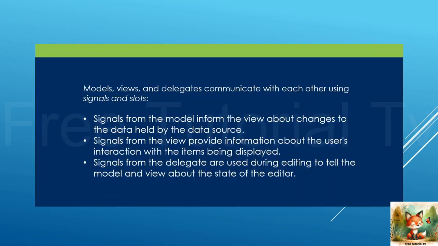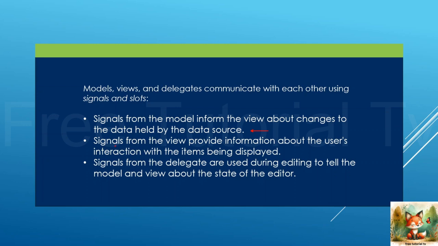Okay, so here are a few thoughts I have on models, views, and delegates. Signals from the model inform the view about changes to the data held by the data source. So if something changes, the model has a bunch of signals that it emits to let anyone interested in those signals know.